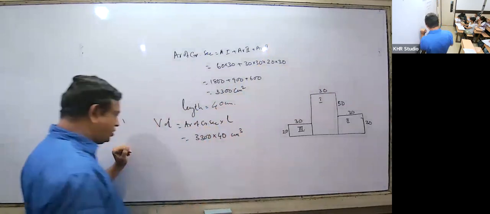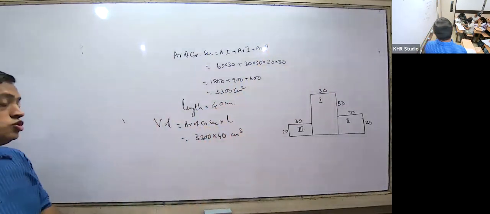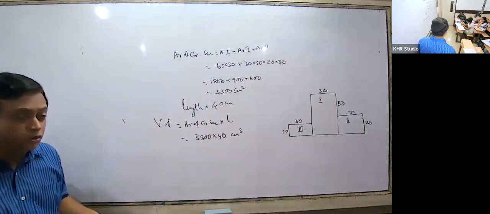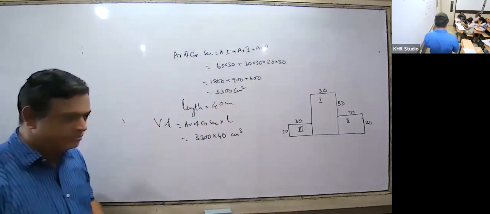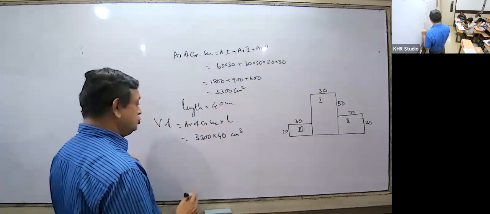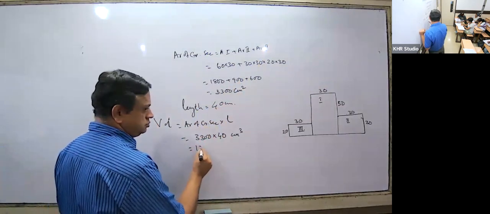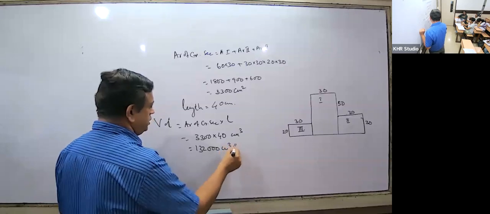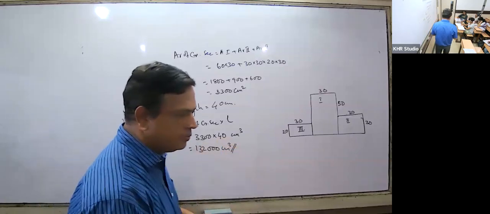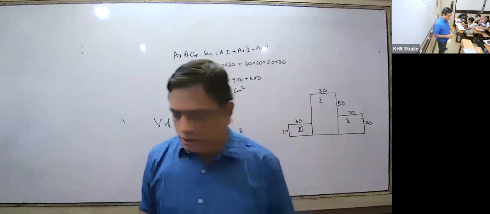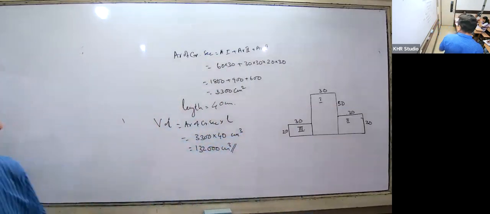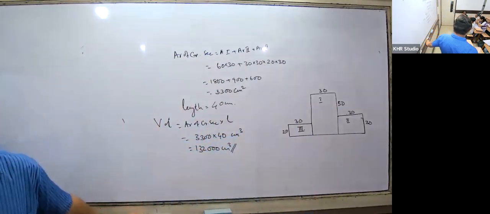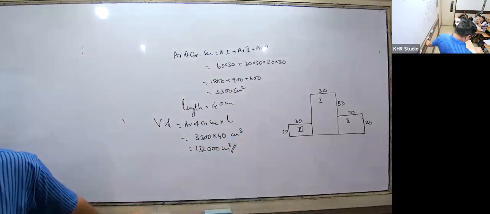You can multiply yourself. Did they ask any unit? No. Area of cross section into length is the volume. Did all of you follow this much?